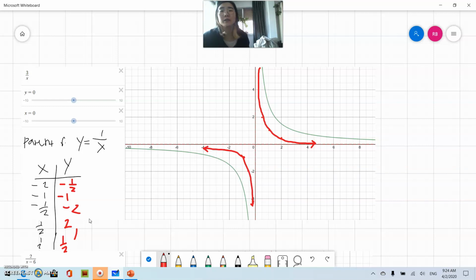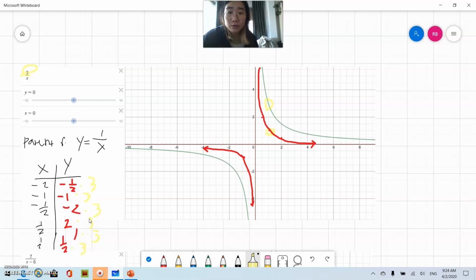How did it affect? Well, it multiplied all the y values by 3. So it's almost like stretching it, okay? So if you look at it here, it used to be 1, but now it's 3. So do you see how this point is 3, how it has been multiplied by 3? So this 3 affects all my y values to be multiplied by whatever number is on top, okay?